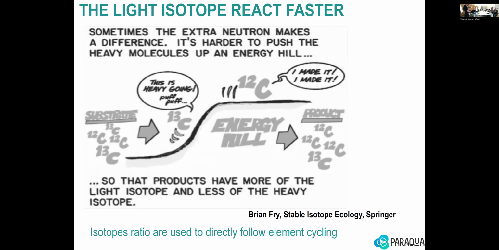And so when a metabolic way is involved, normally the light isotope gets more enriched in the product. So the isotope ratio can be used to follow the element cycle, and especially to understand what the metabolic processes are, or at least if there are metabolic processes involved in the production of certain compounds.